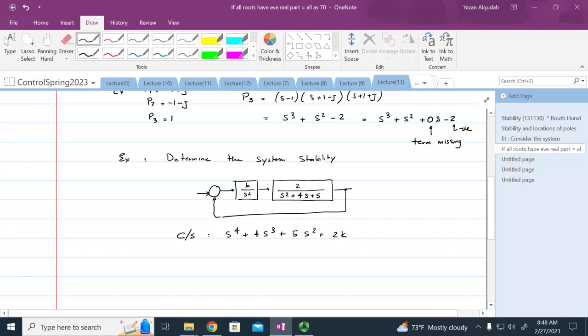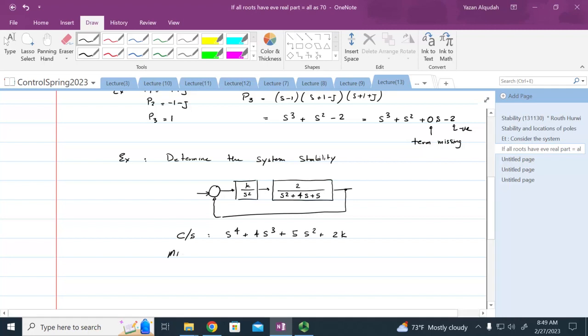What are the values of k that will make this system stable? Positive ones. Yeah. What are the values of k that will make this stable? It's missing a term. So is there any value of k that will make this stable? No, because it's missing a term.